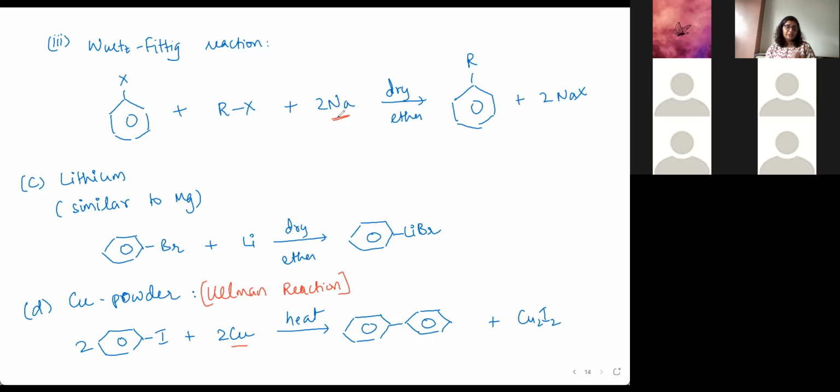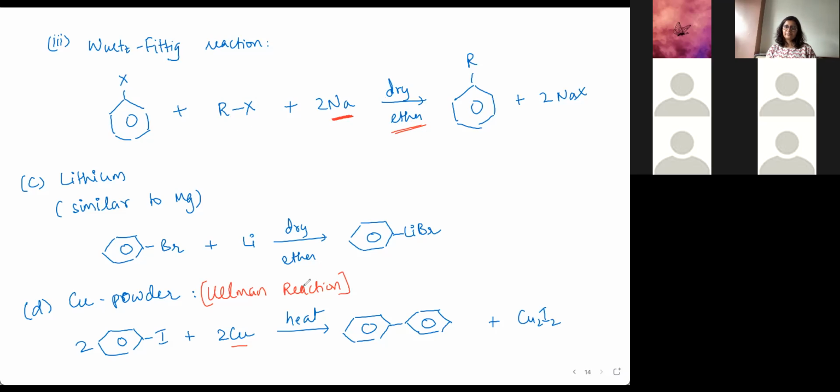It's going to turn into a sodium ion, and you're going to have OH minus ions, H plus ions in the mix, and you're not going to get the reaction that you want. So if you want the reaction to take place between the organic compound and the metal, you need a solvent that won't interfere with either of these. So that's why you use dry ether in all of these.